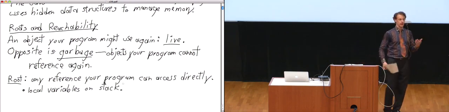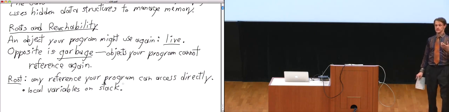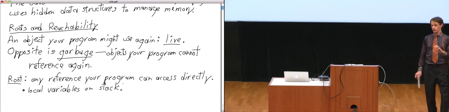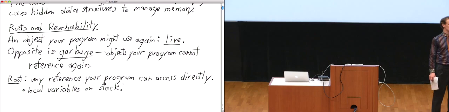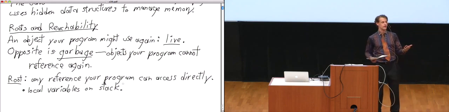And Java's activation records are also data structures, and while the structure of those data structures is hidden from you, Java can look at an activation record and knows which bytes in that activation record represent references. And those references it can follow, and it knows that those objects are live.